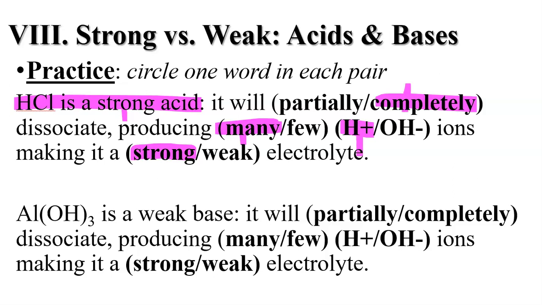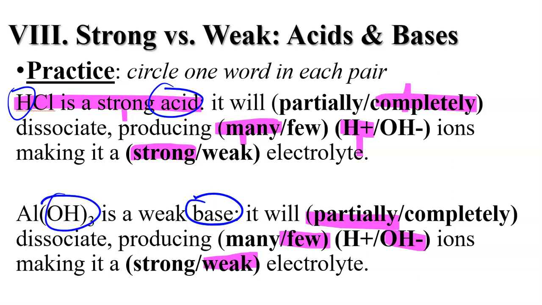Aluminum hydroxide is a weak base, so it'll only partially dissociate, producing few hydroxide ions, making it a very weak electrolyte. Remember, acids are made with hydrogen, bases are made with hydroxide. That's how I knew whether it would be hydrogen or hydroxide.